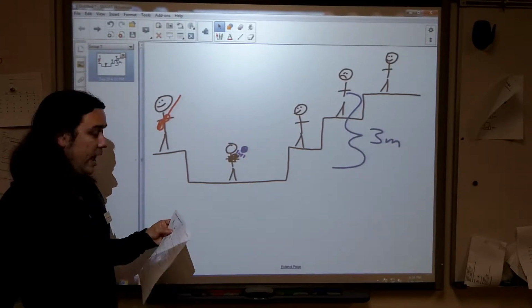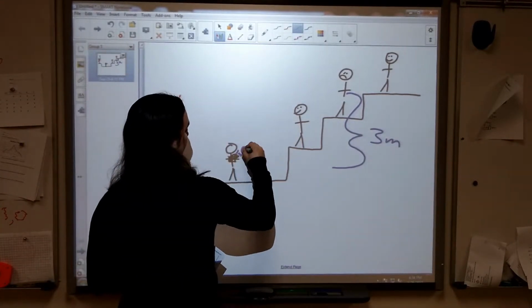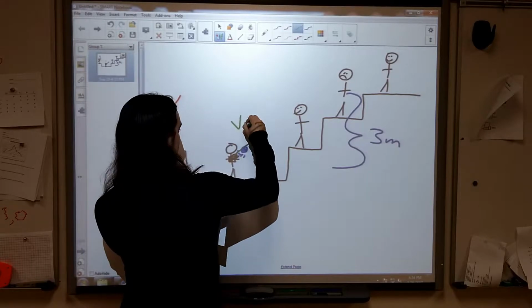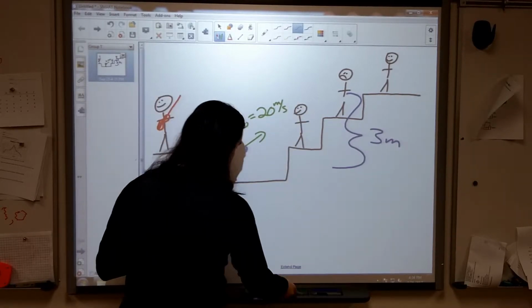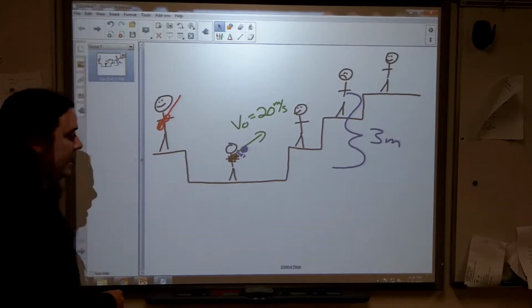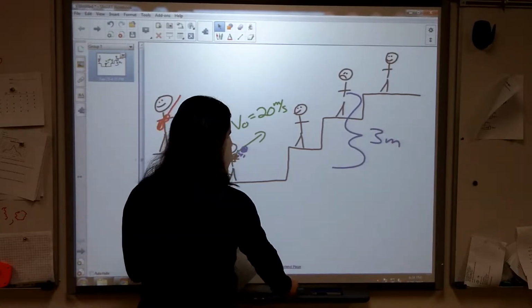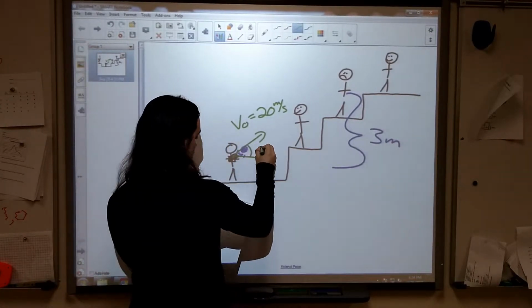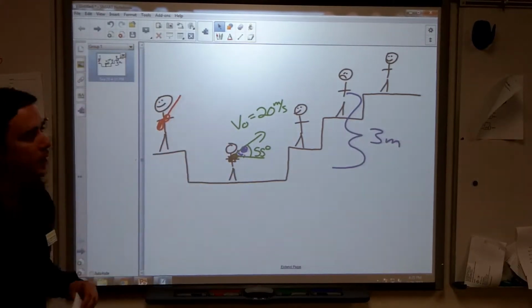It's a t-shirt cannon, and your instructions tell you the following, that the cannon will fire the t-shirt at an initial velocity of 20 meters per second. That's about 45 miles per hour. Not a small amount. We've got some heft with this, hence the cannon. And you have a shoulder-mounted cannon firer that will always fire with 55 degrees above the horizontal.